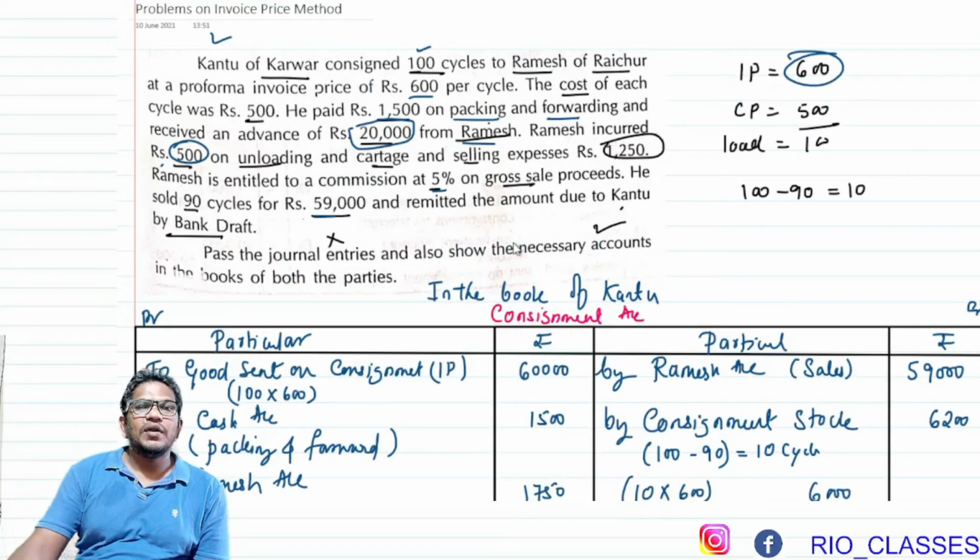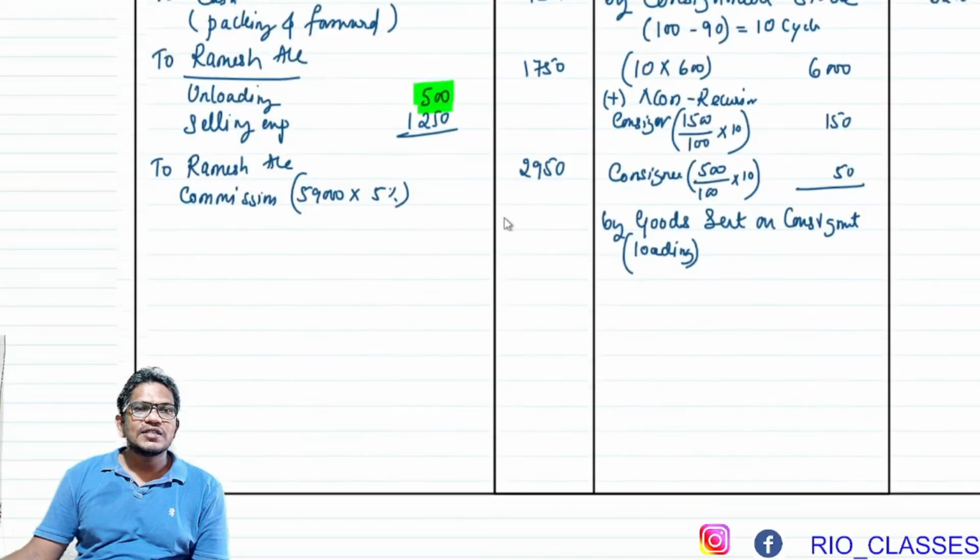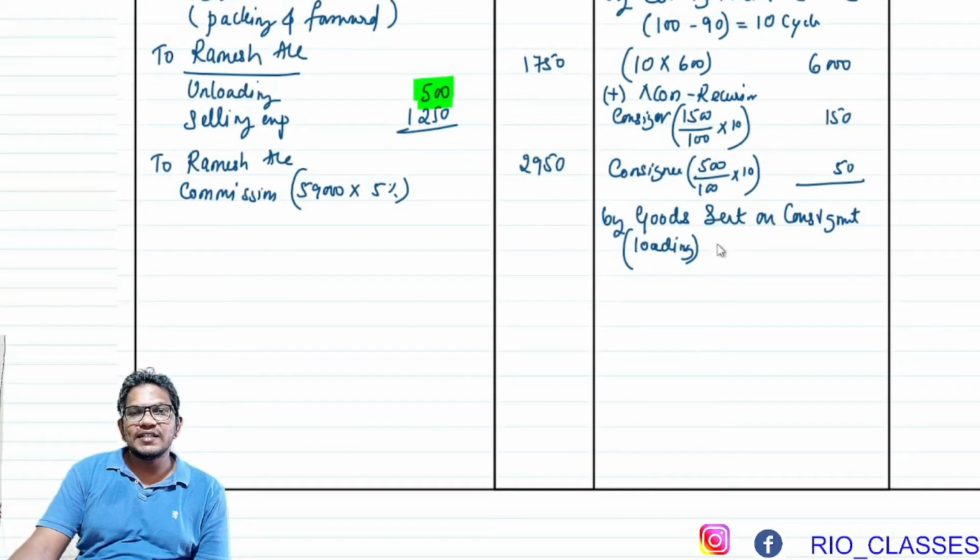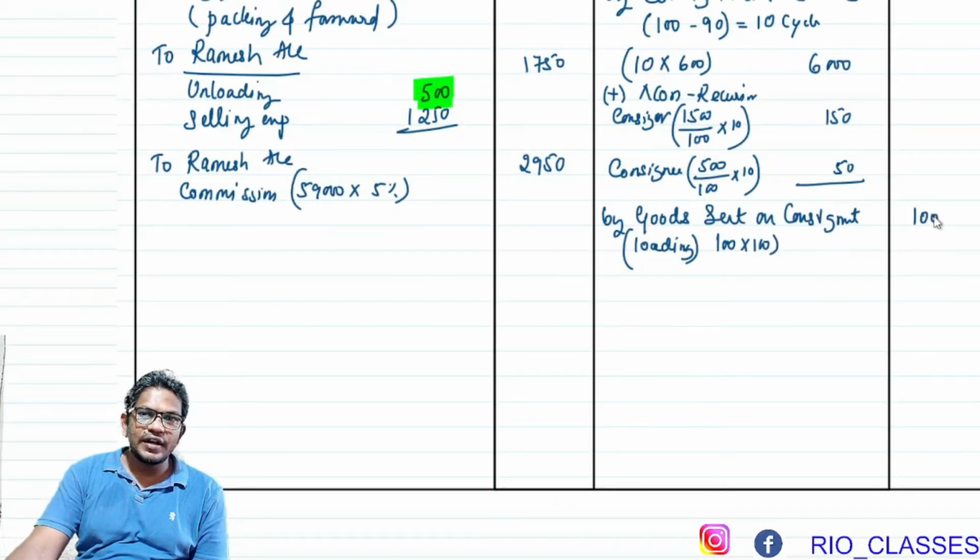Just have a look at the problem. Invoice price was 600 per cycle, cost price was 500. That means 100 is your loading. Similarly, for 100 bicycles, 100 is the loading per cycle, so altogether it comes to 10,000. We should write it here.